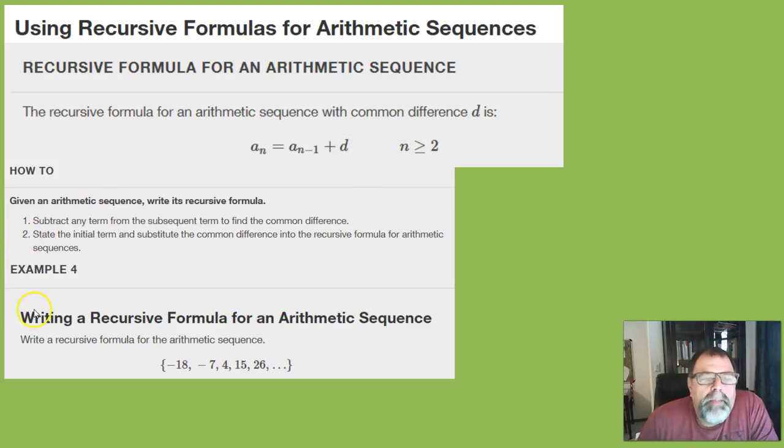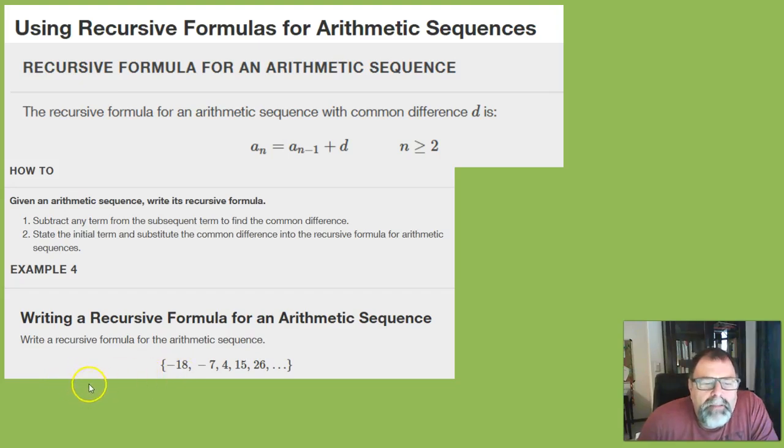So, example 4, write a recursive formula for the arithmetic sequence. So basically what we need to do is figure out what the first term is, or we need to know what d is. And then you're supposed to state what A sub 1 is, right? All right, so let's figure out d.